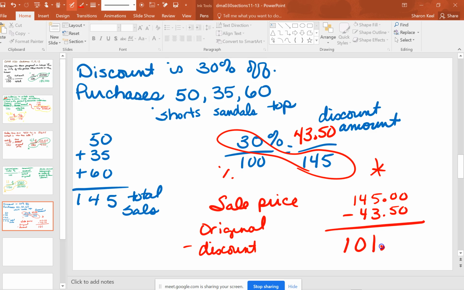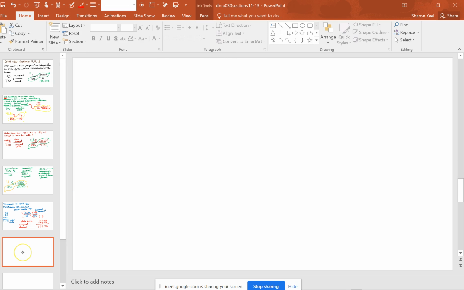So $101.50 would be the price for that purchase. Now, we still haven't added in sales tax, but in this particular problem, they're not asking us to do the sales tax necessarily. We're just looking at finding the discount amount.